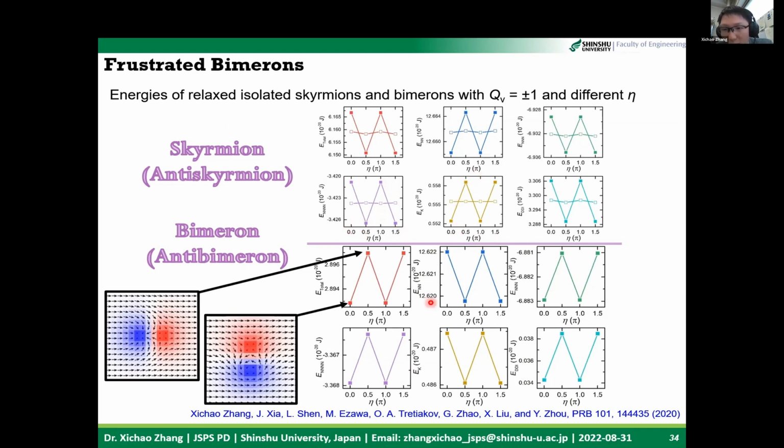But for the bimeron texture, the total energy reaches the minimal value at the helicity configuration of 0 and pi. This is because the bimeron texture with the helicity numbers of 0 and pi will show block type structures in the studied systems. And if we turn off the dipole-dipole interaction in our simulations, both the skirming and bimeron energy will be independent of the helicity.